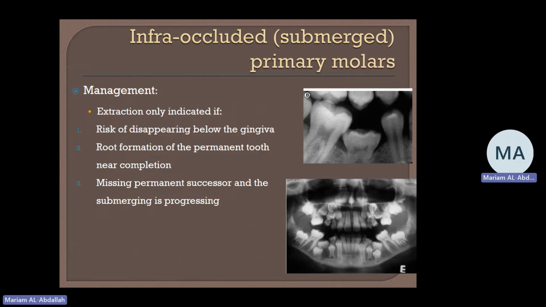That means it gets really severe, and the necessary extraction will become more traumatic, as we said, with loss of bone. It is also indicated if root formation of the permanent successor is near completion, or if, as we said, the permanent successor is missing and the submerging is progressing, only after consultation with the orthodontist.